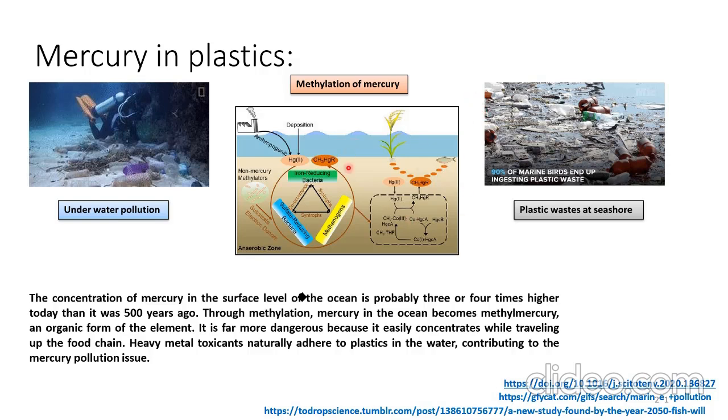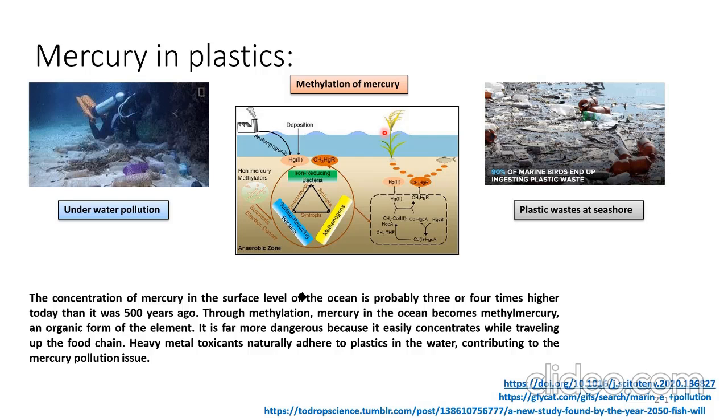If it enters the food chain, it destroys the ecosystem and is very dangerous for marine life. And then if it comes to humans or animals, the whole cycle repeats. So this is the heavy metal toxification which happens because of this kind of contamination.